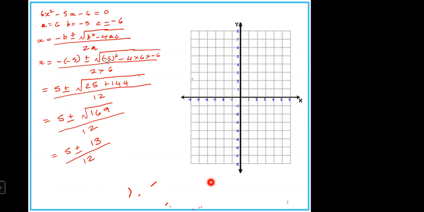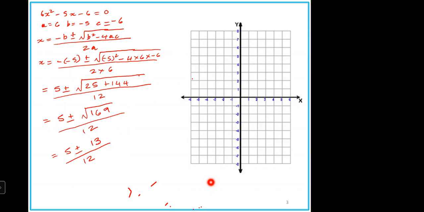Yeah, because -5 times -5, negative times negative is positive. Oh, okay. All right, so anytime you square a negative number, your result will be positive. Okay, so this is 5 plus or minus 13 over 12.